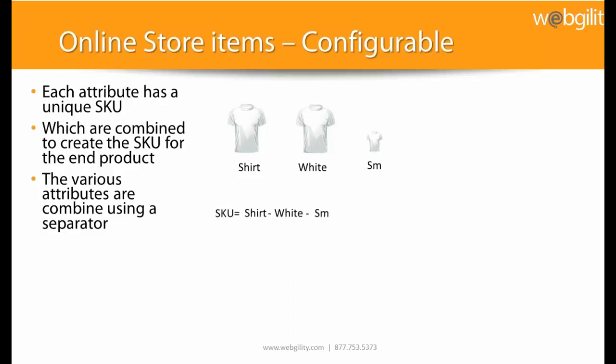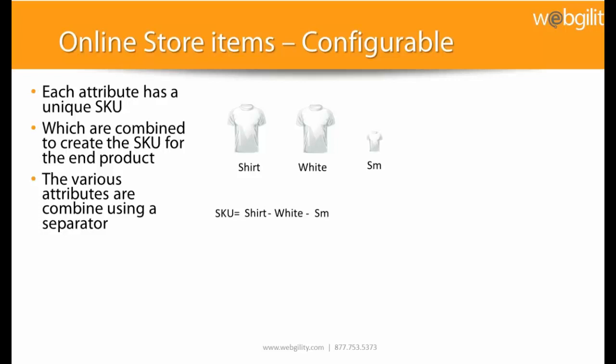As the user chooses these attributes, they are building their SKU. So again, this goes into the combinations, but the unique thing about a configurable product, or a product that is constructed and connected in this way, is that the customer has control over each little piece that they're choosing.